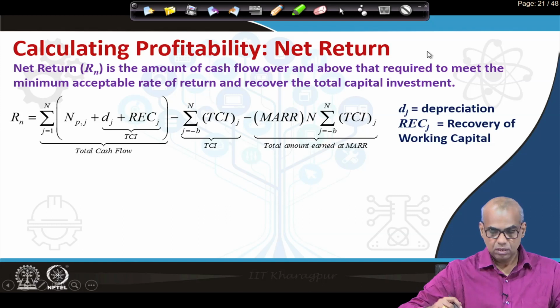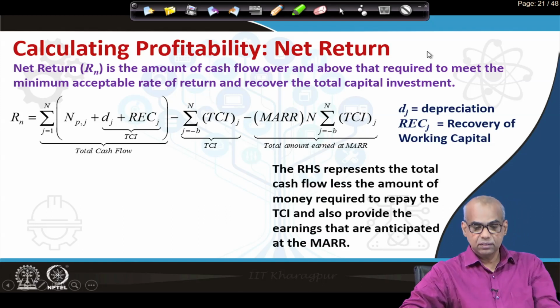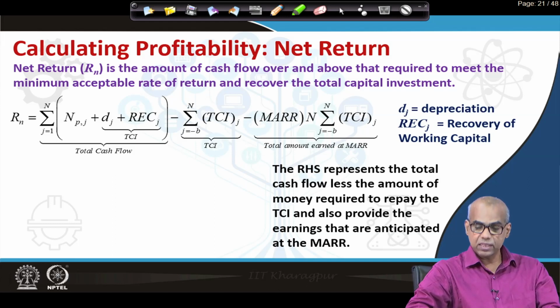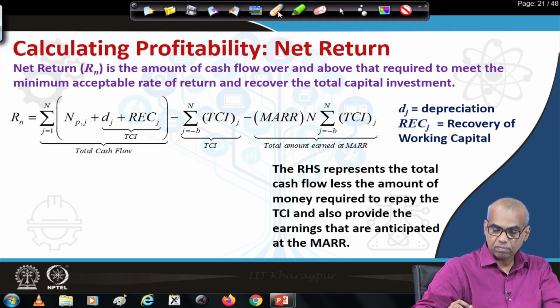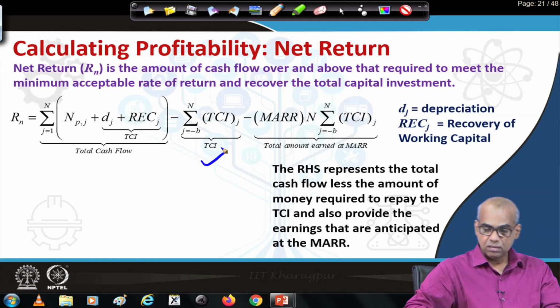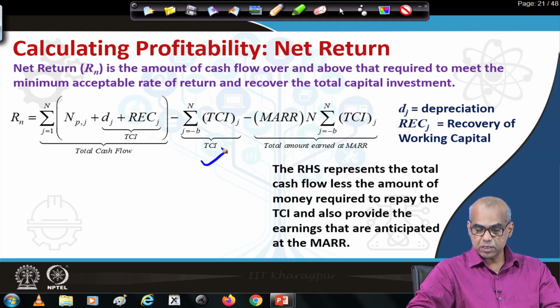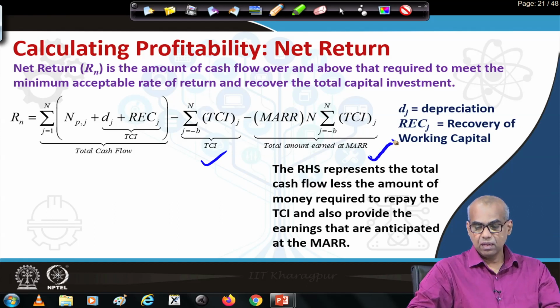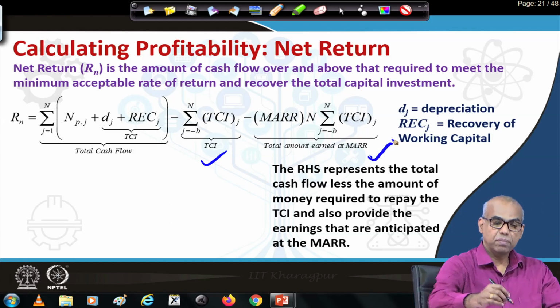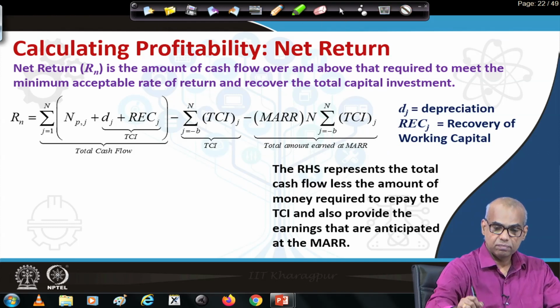So, the right hand side entirely represents the total cash flow less the amount of money required to repay the total capital investment and also provide the earnings that are anticipated at the minimum acceptable rate of return.